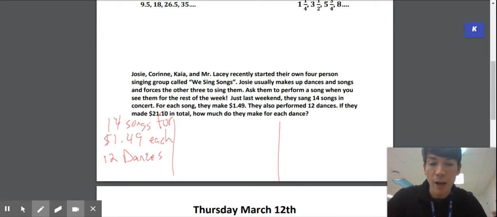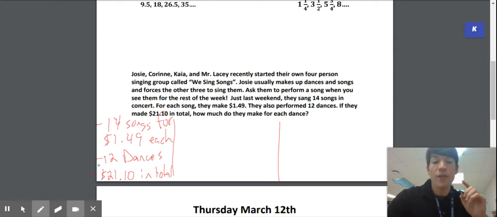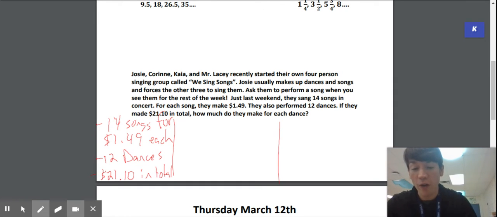And it says they made $21.10 in total. So these are three different things here. They performed 14 songs, of which they made $1.49 each. They performed 12 dances, and in total for all of that, they made $21.10.